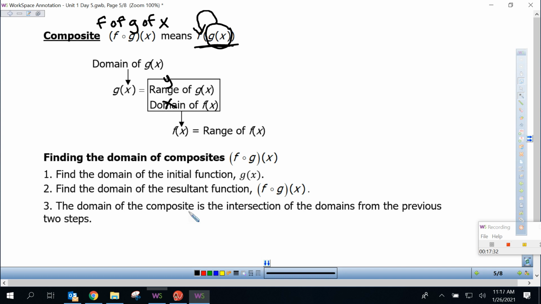So the three steps. Here's step one. You need to find the domain of the initial function. What does domain mean? X value. So find the x value for g of x. So g of x is just the innermost function. We rewrite this as f of g of x. So step one, you find the domain for the innermost function.